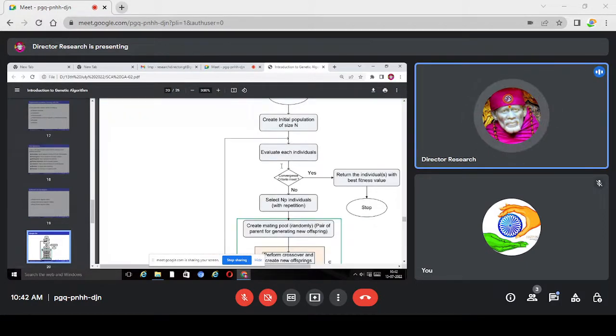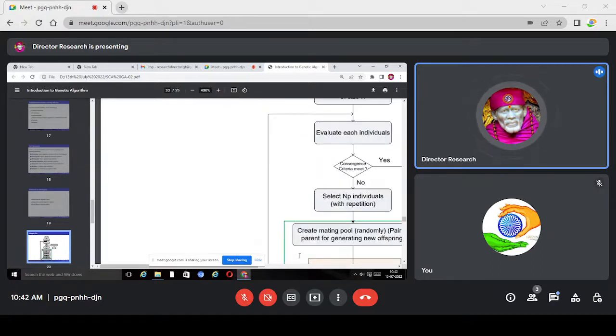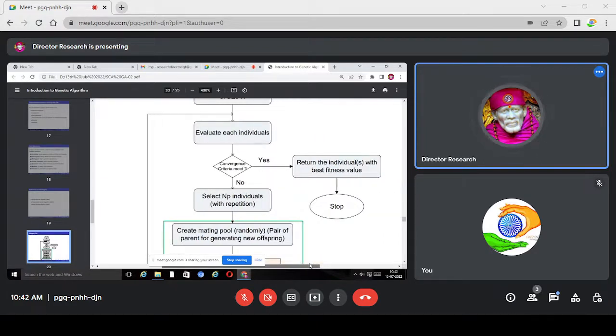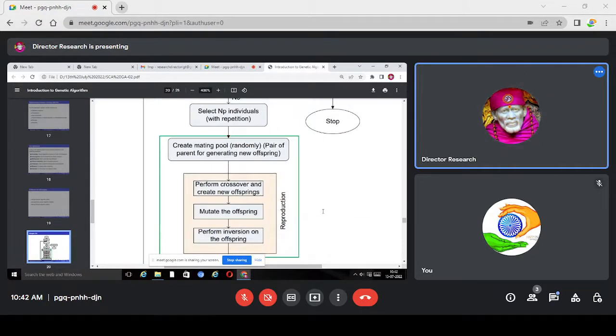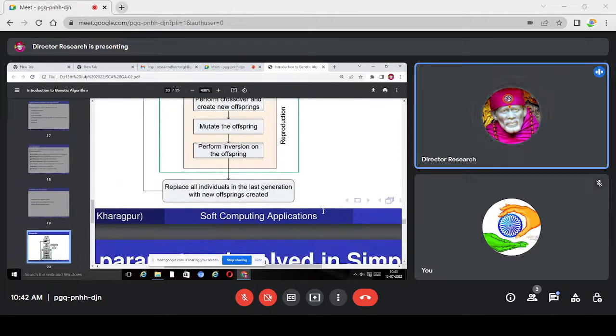Start, create the initial population of size N and evaluate each individual. Then test the criteria condition, yes or no. If convergence is met, yes, return the individual with the best fitness value. If no, select NP individuals with repetition. Create a mating pool randomly. Pair parents for generating new offspring. Perform crossover and create new offspring. Mutate the offspring. Perform inversion on the offspring. Replace the individuals of the last generation with the offspring created.